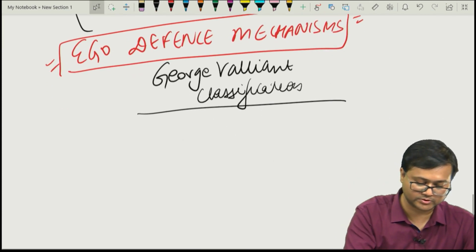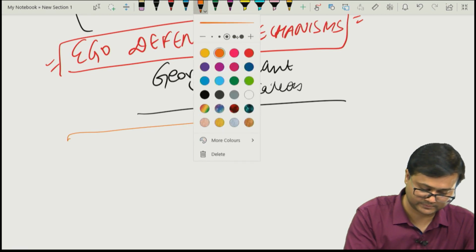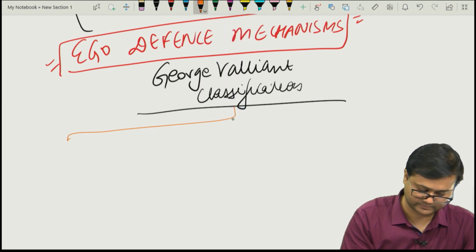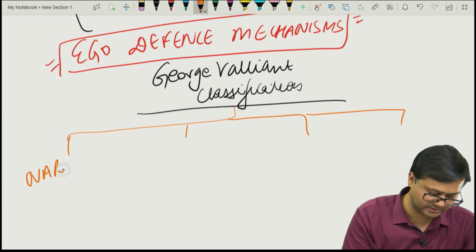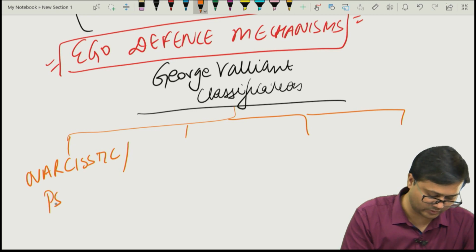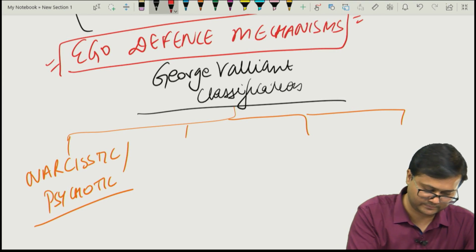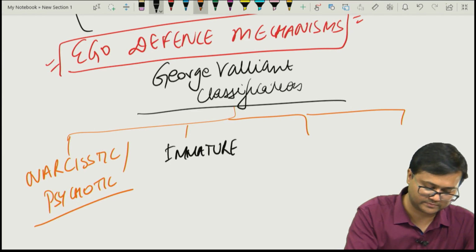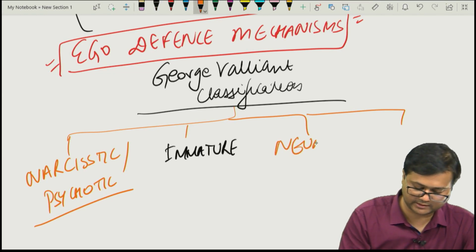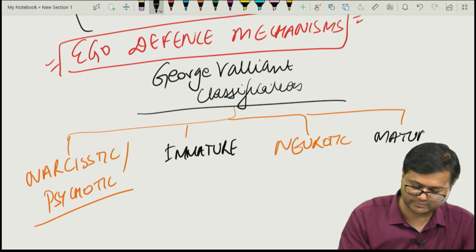these defense mechanisms are divided into 4. The narcissistic or the psychotic defense mechanisms, then immature defense mechanisms, neurotic defense mechanisms, and the mature defense mechanisms.